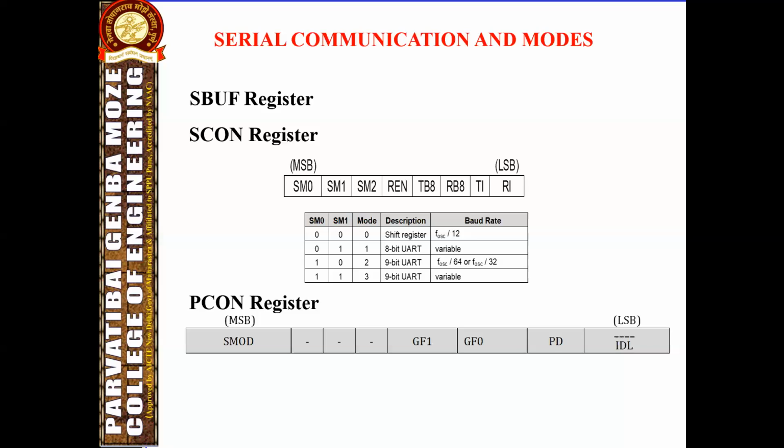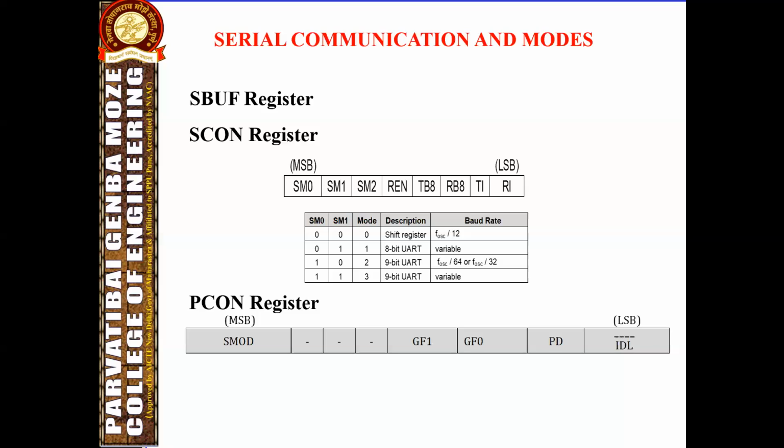The other is read only and holds the data that is received from the external source via the RXD pin. A double buffered receiver is used in the circuit so that the receiver can receive the second character while the first one is in the intermediate register.